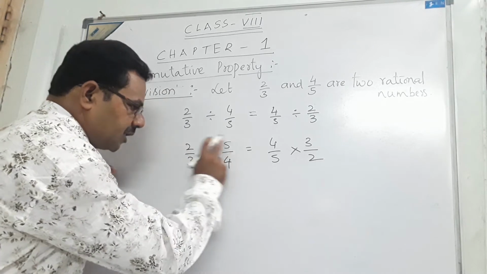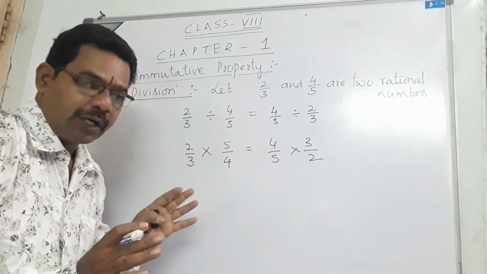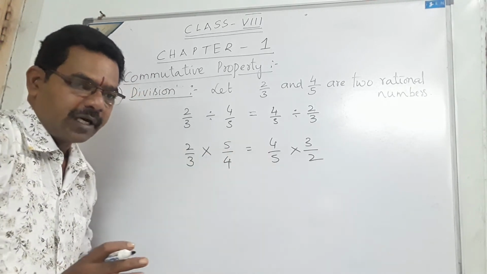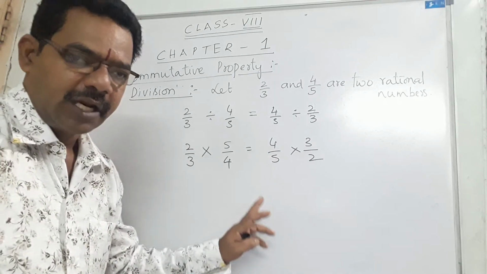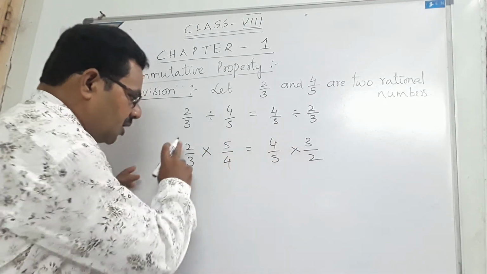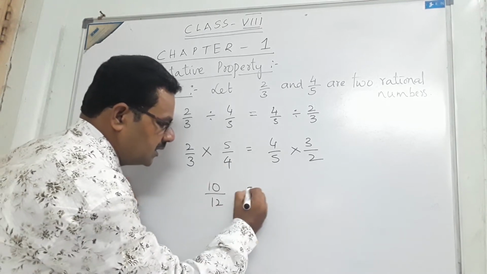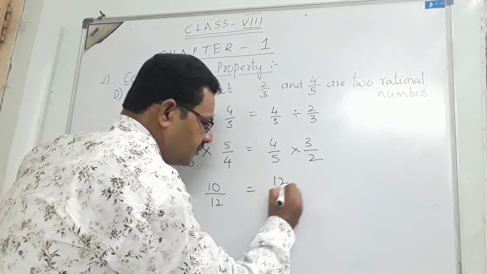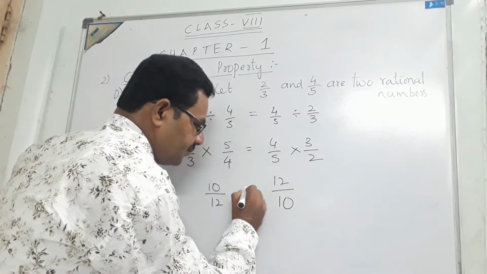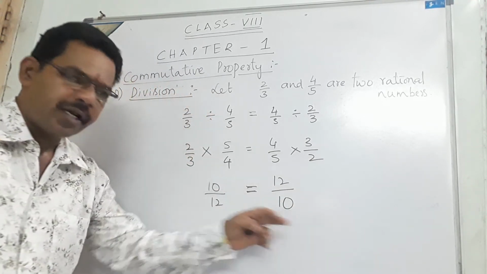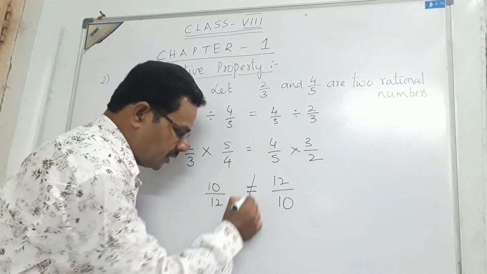So now we have to check. Already in the multiplication I told you, numerator is multiplied with numerator, denominator is multiplied with denominator. Here also the same. 2 5s are 10 by 3 4s are 12, is equal to 4 3s are 12 by 2 5s are 10. Check whether these two are equal or not. No, it is not equal.